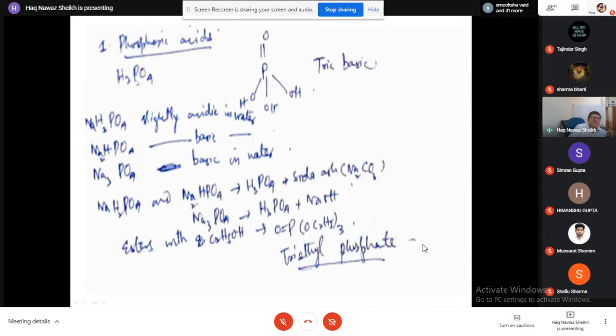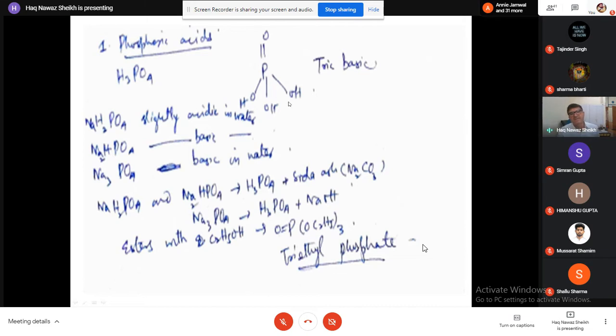This is phosphorus in the plus 5 oxidation state, linked with 4 groups directed towards the 4 corners of a regular tetrahedron, and there are 3 OH groups, and all of them are acidic protons, because they are linked to the phosphorus atom through an oxygen atom.